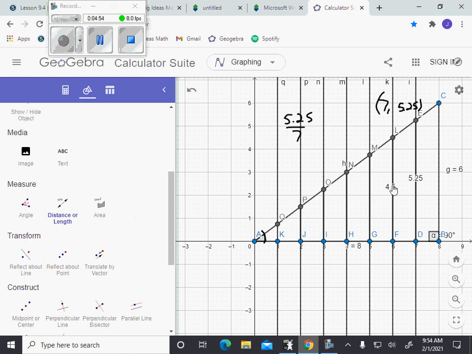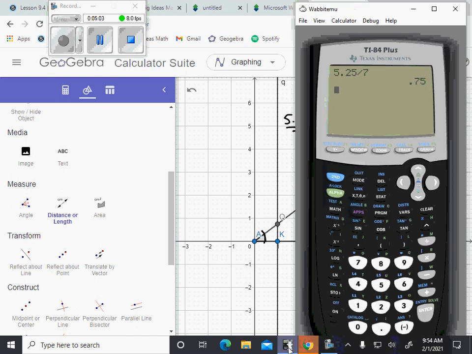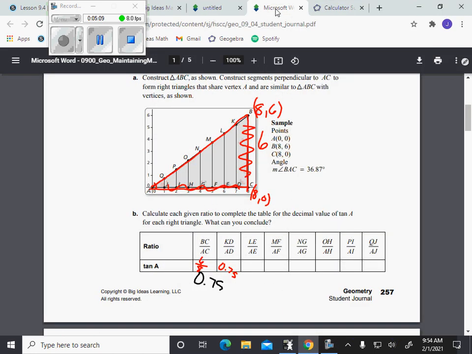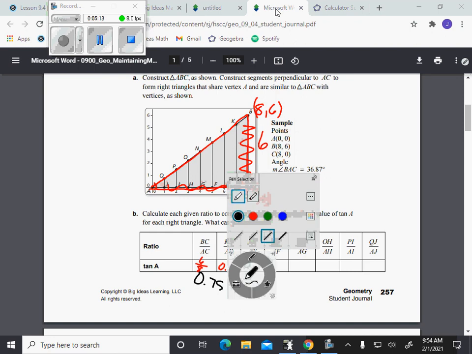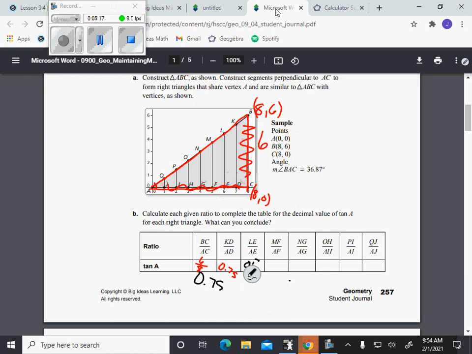This is at 4.5, so it's 4.5 over 6. What's that fraction? 4.5 divided by 6, 0.75. And I think you're going to catch on to the pattern here. All of these are going to be 0.75.